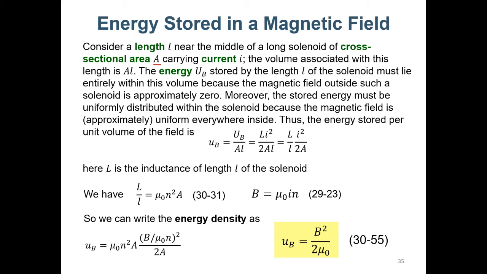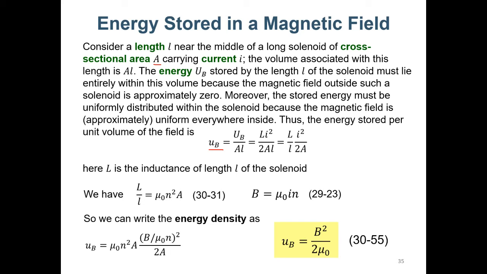In that case, we know the energy density stored there should be the total energy divided by the volume. So nothing special. So U is L i squared over 2, and the volume is A l. So we have something like this, and then we just collect the inductance over the length here, and then we have i squared over 2A.